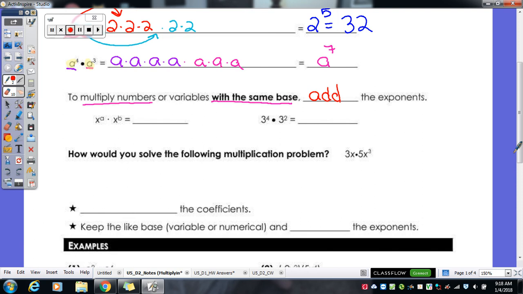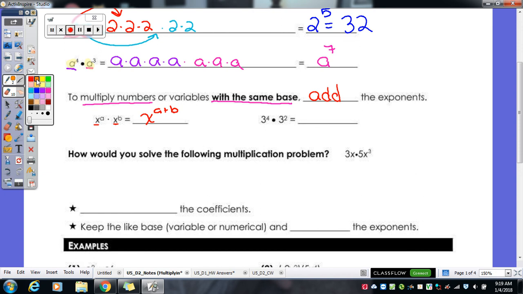So my example here, my base is an x, so I keep my base of x. I'm going to add my exponents. So it would just be a plus b. Can't actually add an a and a b because they're not like terms, but if they were, we would do that.